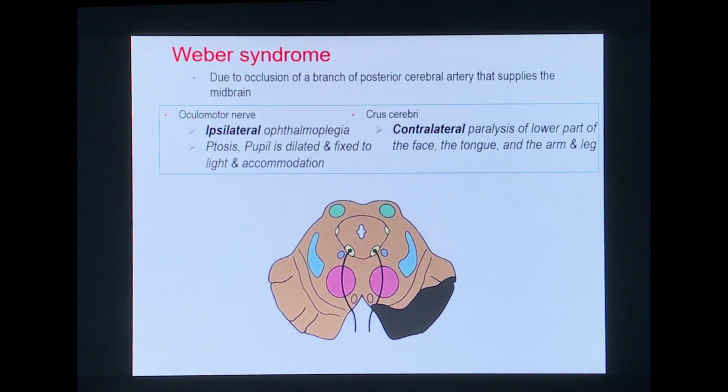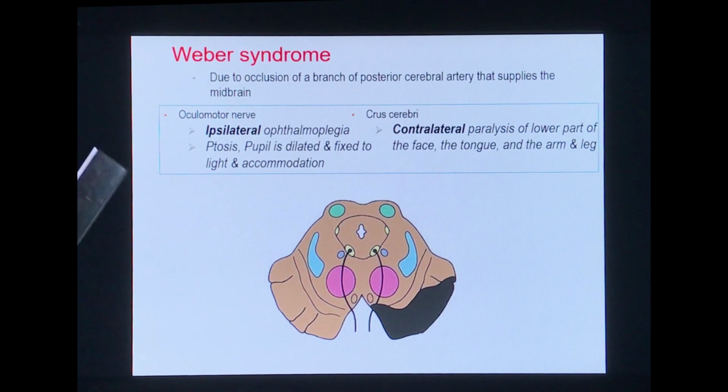So again I am going to repeat, all the cranial nerve nuclei receive corticonuclear fibers from both sides, except the lower part of the face supplied by the facial nerve, which receives corticonuclear fibers only from the opposite side, and the hypoglossal nerve also receives corticonuclear fibers only from the opposite side.